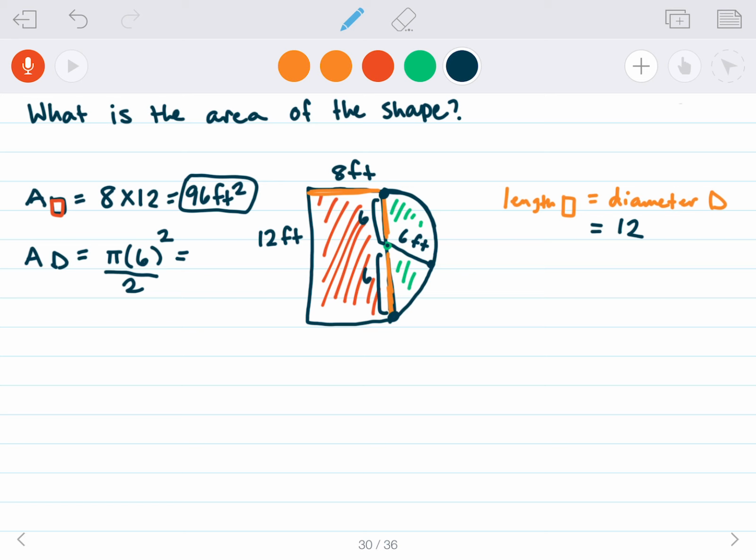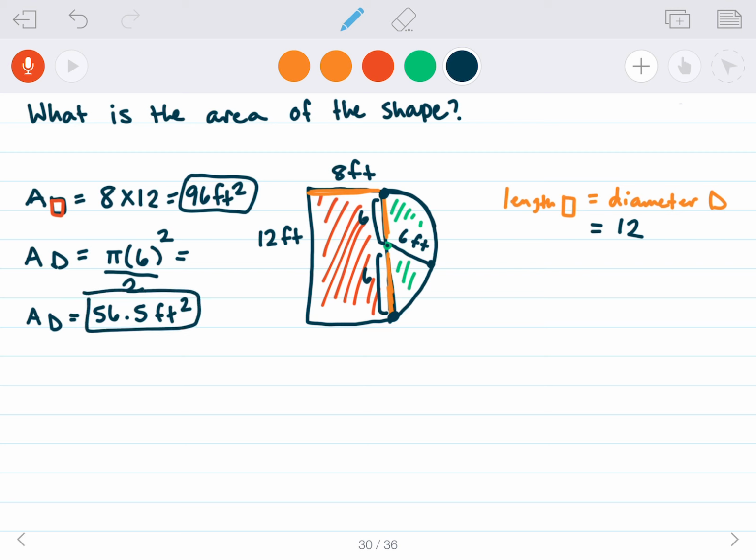Alright, so we have 36 times pi divided by 2. Let's get a rough estimate here. So times pi, all divided by 2, and that's going to give us a rough estimate of 56.5 feet squared.